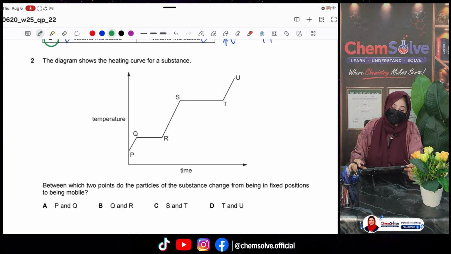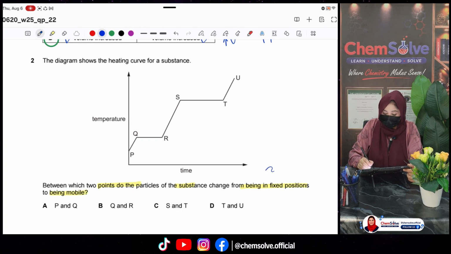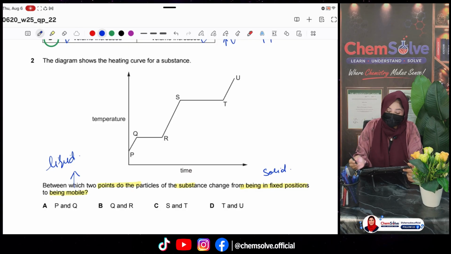Next question. The diagram shows the heating curve of a substance. Between which 2 points do the particles of the substance change from being in fixed positions to being mobile? Okay. So fixed position means it is solid, and mobile means it can now move, so we can say it is liquid. This is a heating curve.